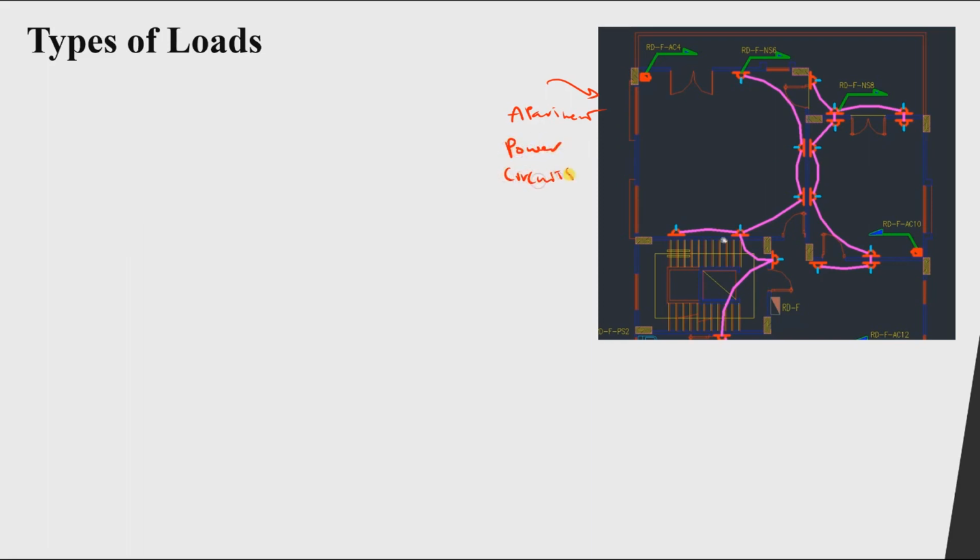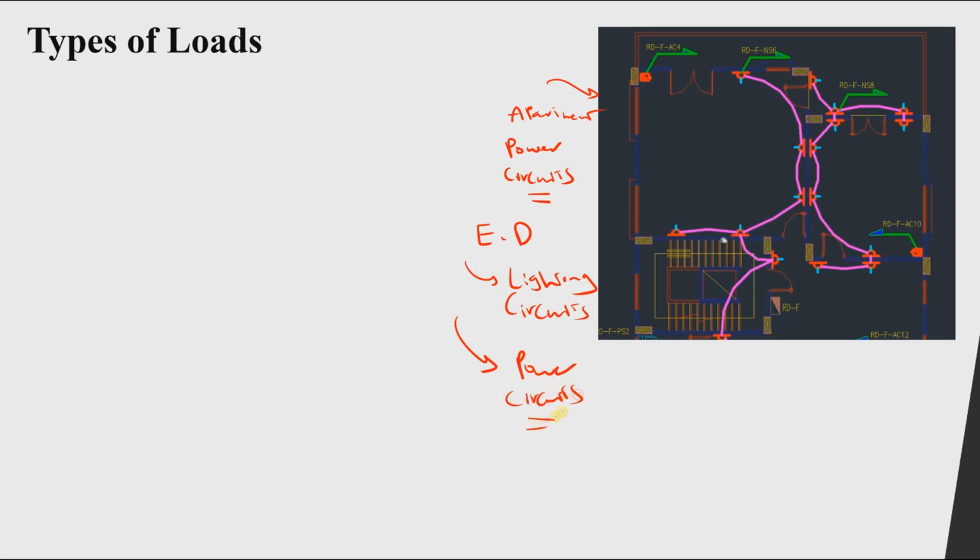So we will learn inside the course, after learning about lighting design and so on, that we have electrical drawings for lighting circuits, one drawing for lighting circuits and another one for power circuits.